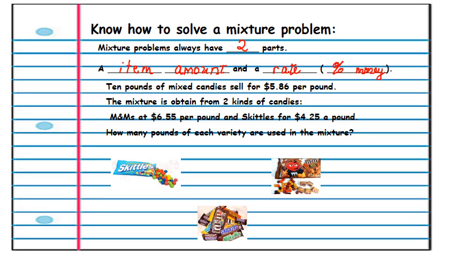So let's say we have 10 pounds of mixed candies for $5.86 per pound. And a mixture, in any type of mixture, basically you're just adding things together to equal a total amount. So we know we have 10 pounds of candy here and that they're selling for $5.86.